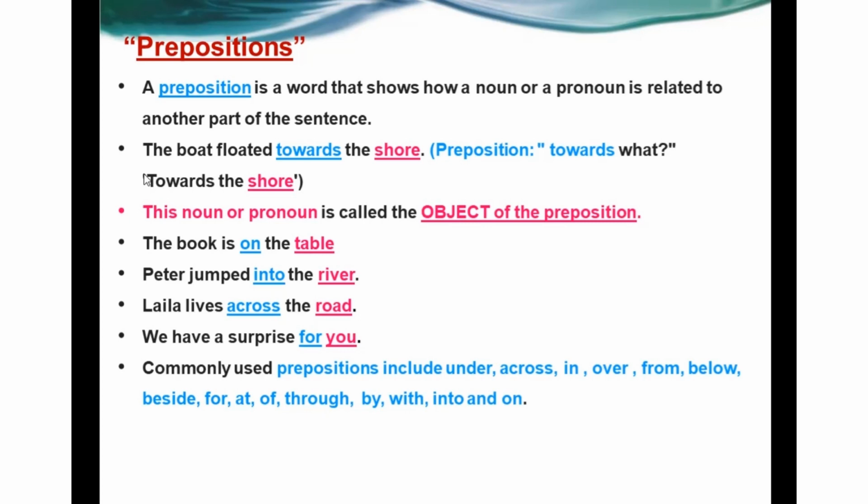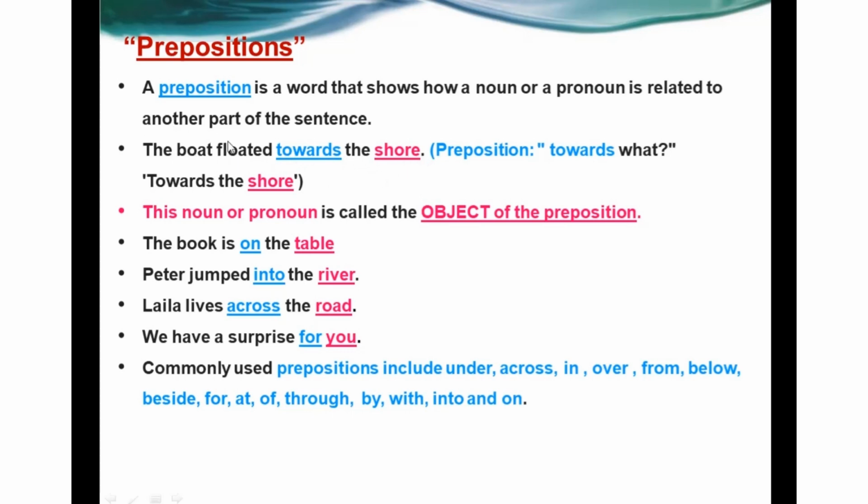Okay students, let's see what the definition has to say about prepositions. A preposition is a word that shows how a noun or a pronoun is related to another part of the sentence. Now I'll show you one example of a sentence: the boat floated towards the shore.